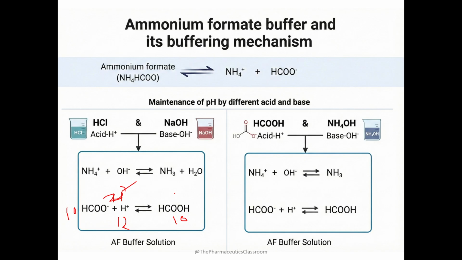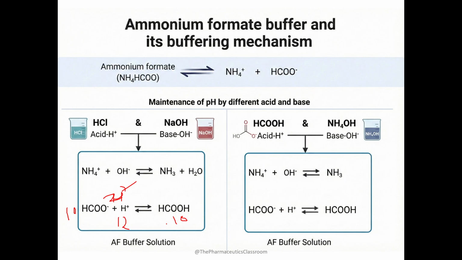As you increase the salt concentration, these ions will increase, and this will increase the capacity of your buffer, the strength of the buffer. Like if you add 50 molecules of HCl or 50 molecules of NaOH, it will still be able to maintain the pH.